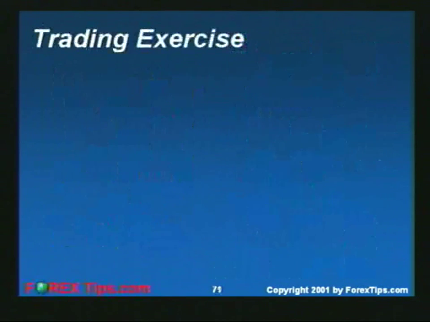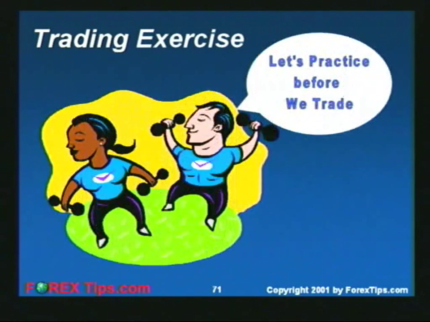Doctors operate on cadavers first. As we teach people how to trade, we want them to practice first. One of the greatest things we ever did was create some software that allowed people to open up what's called a demo account. It's where we give you approximately $50,000 of monopoly money.